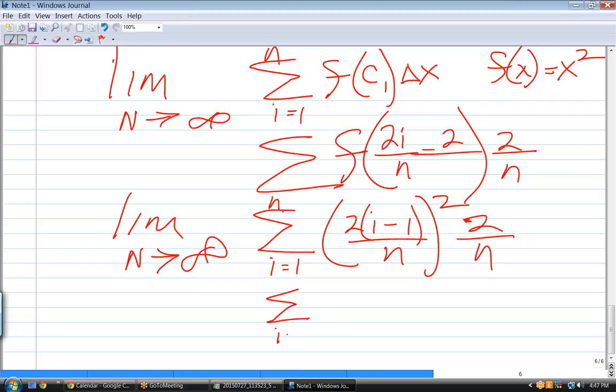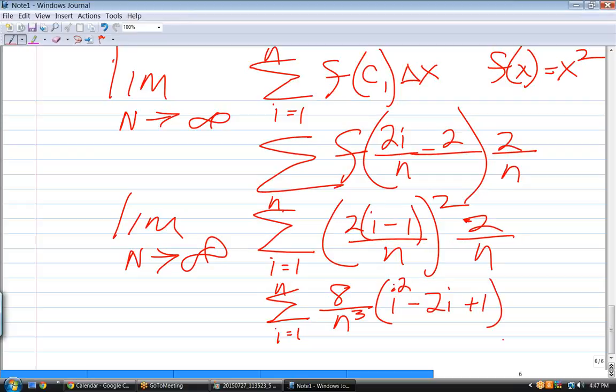If we do this algebra, we get 8 over n cubed. You can certainly see how we're going to end up with n cubed times I squared minus 2I plus 1.